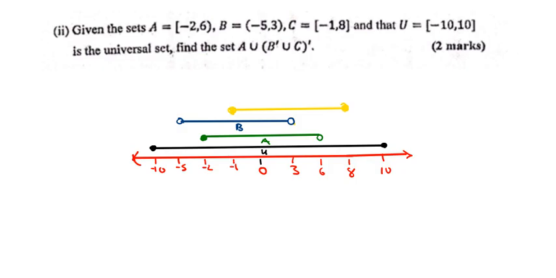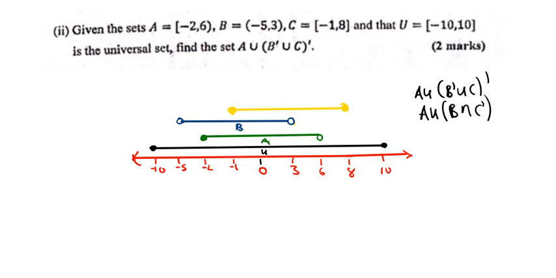Alright, let's go to what they want now. Again, we need to simplify that set. We have B complement union C complement there. So we simplify as A union open bracket B intersection C complement.